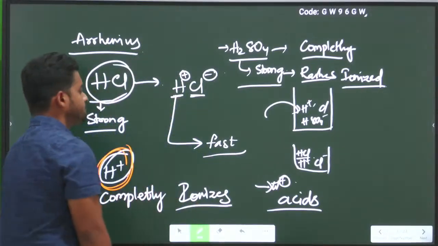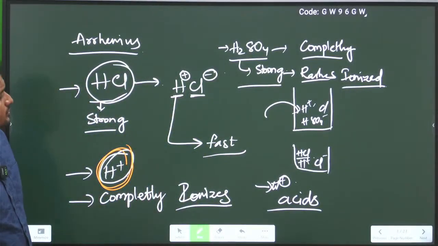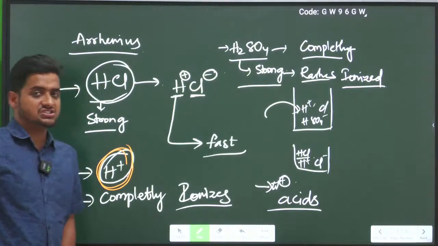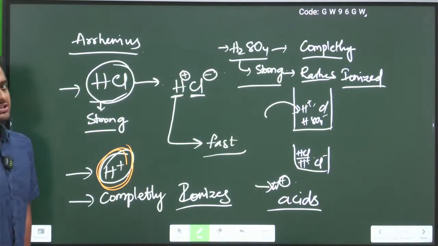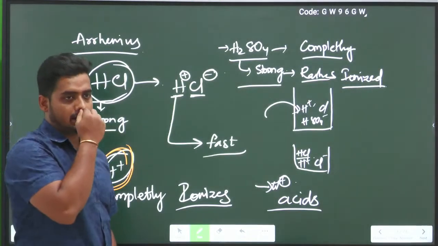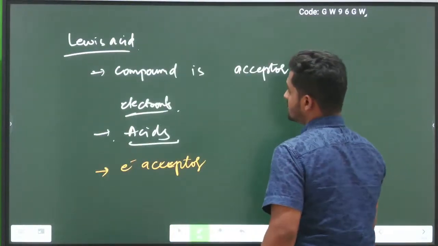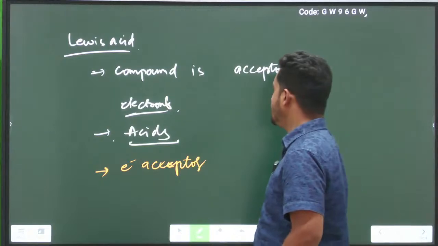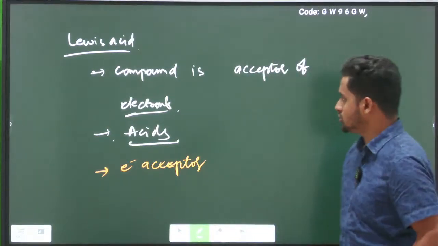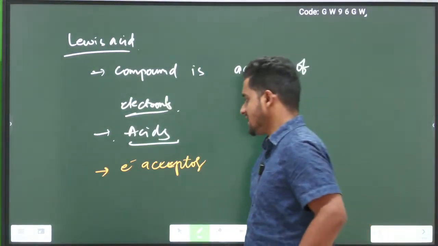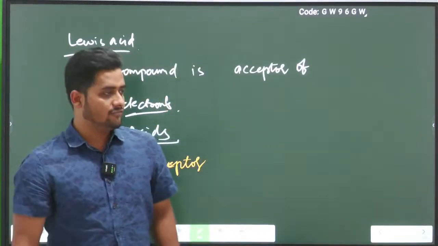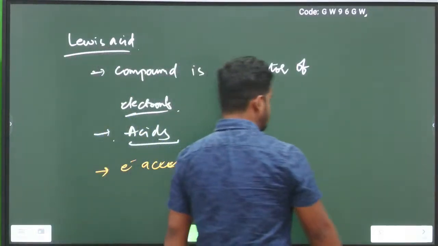Arrhenius says HCl is completely ionized, giving H plus ions; when it gives H plus ions, it is a very strong acid. Next is the Lewis acid: a compound accepting an electron, the acceptor of electrons, is a Lewis acid.